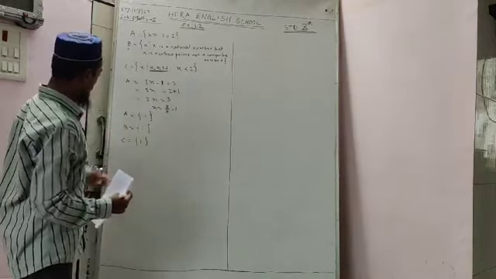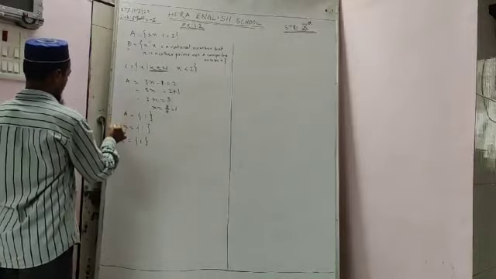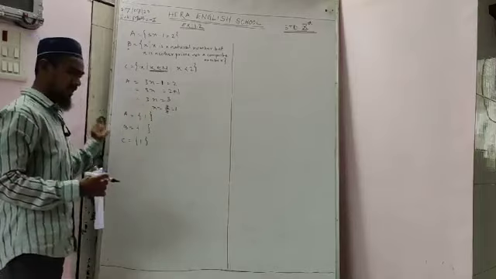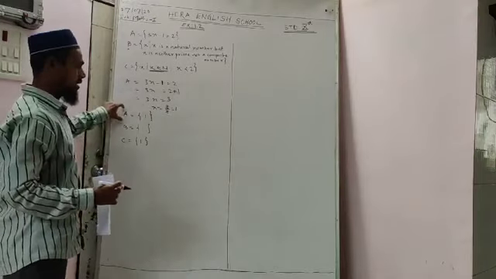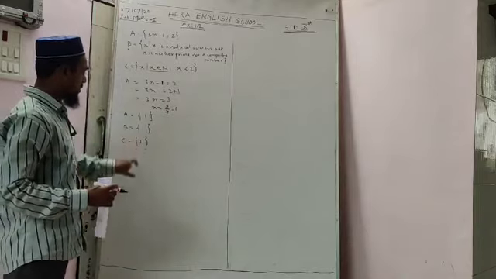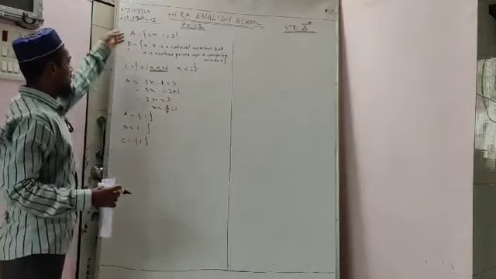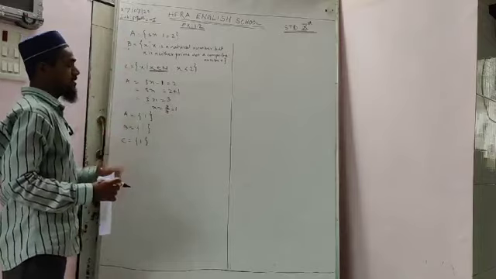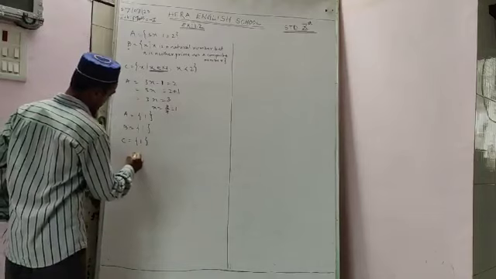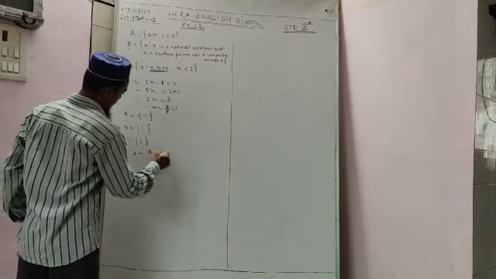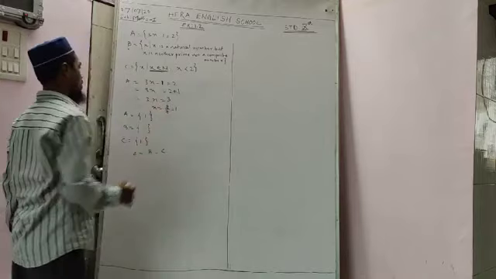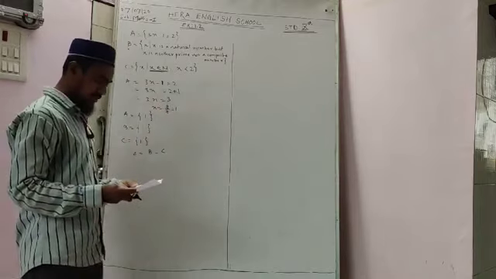Now see, all three sets A, B and C, all the elements of sets A, B and C are same and equal. Then we can say with all these reasons sets A, B, C are equal sets. So we'll write here set A is equal to set B and both the sets are equal to set C, means all three sets are equal. These are the answers. Okay, I think you got it.